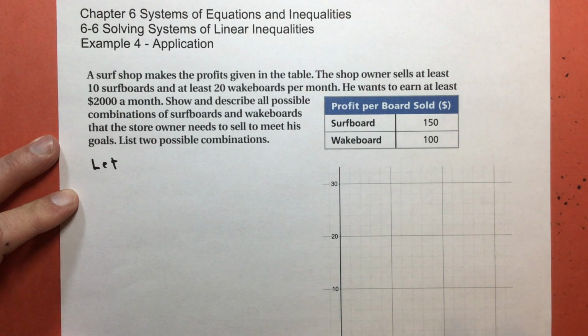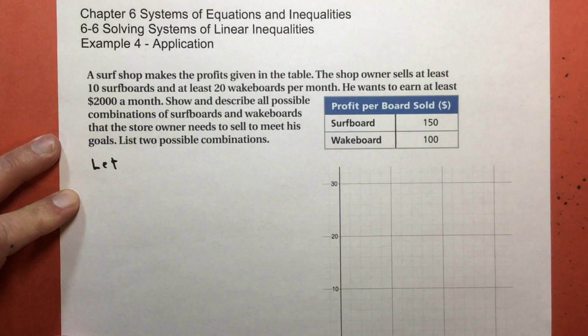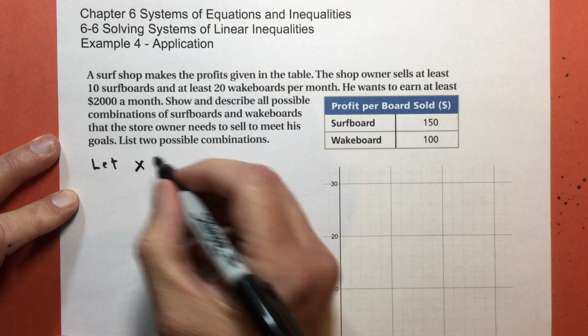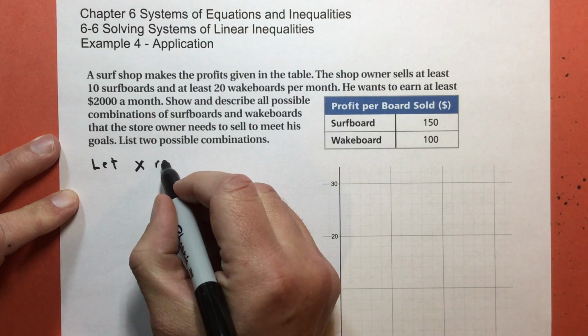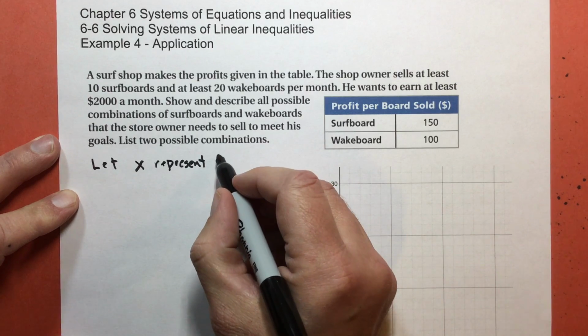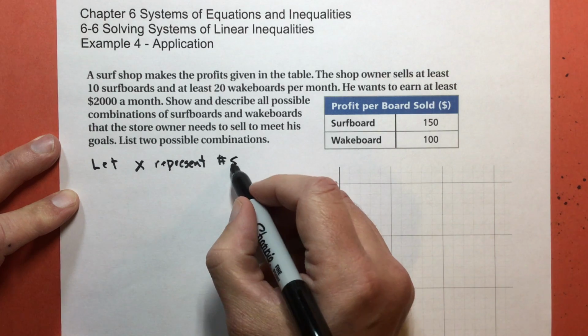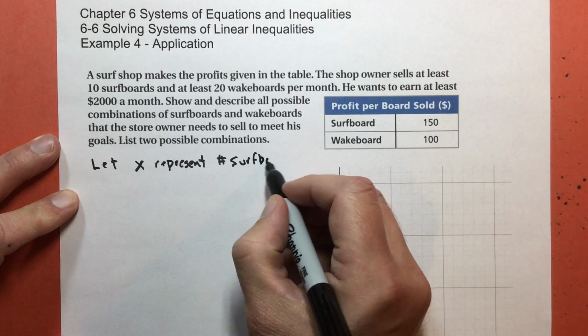It understands X and Y. And if I graph it using this, which I'm not going to, I have to use X and Y. So I'm going to let X, the letter X, represent, that's what that means, the number, I know that's a hashtag, but it actually is a symbol for number, the number of surfboards sold.